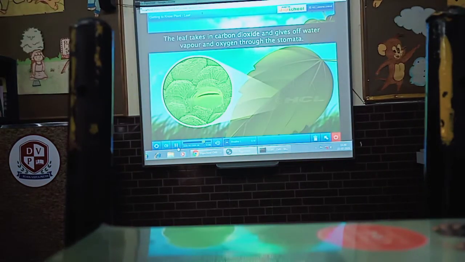The leaf takes in carbon dioxide and gives off water vapor and oxygen through the stomata. How do we take in oxygen and give out carbon dioxide and water vapor?